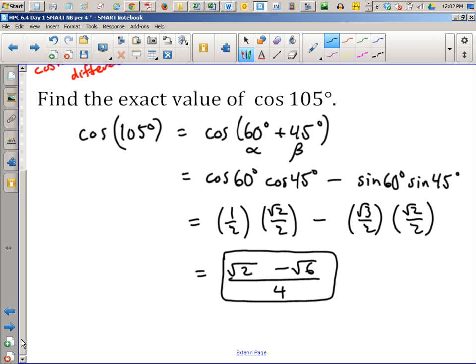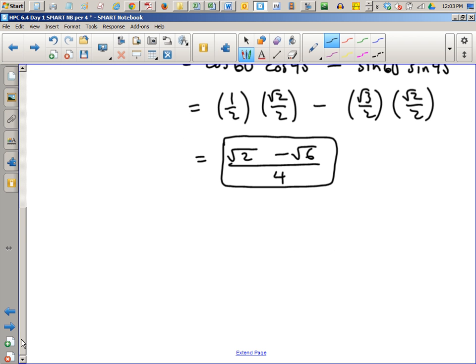Now let's say another student comes along and says, oh, I wasn't even thinking about 60 and 45. I was thinking of 135 minus 30. 135 minus 30, that's also 105, right? So let's see if that student's work would work as well. They're looking at cos 105 as the cosine of the difference between 135 and 30.